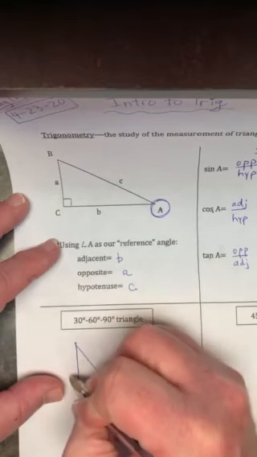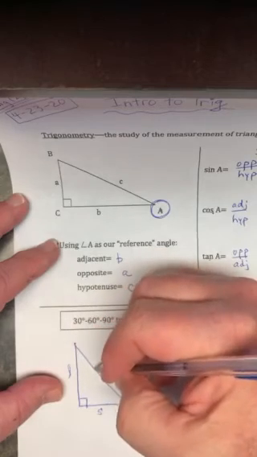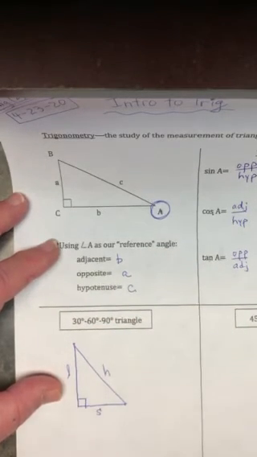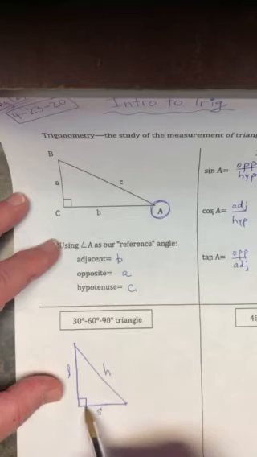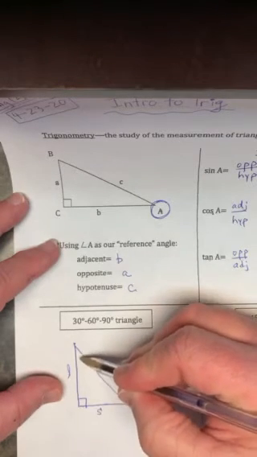This side I'm going to call L for the long side. And that side over there, of course, is the hypotenuse because it's across from the 90-degree angle. So if this is a 30-60 triangle, the short side always has the littlest angle across from it.